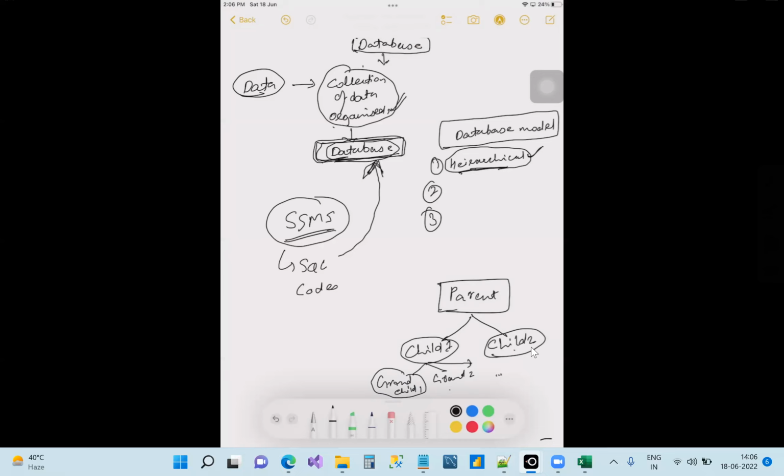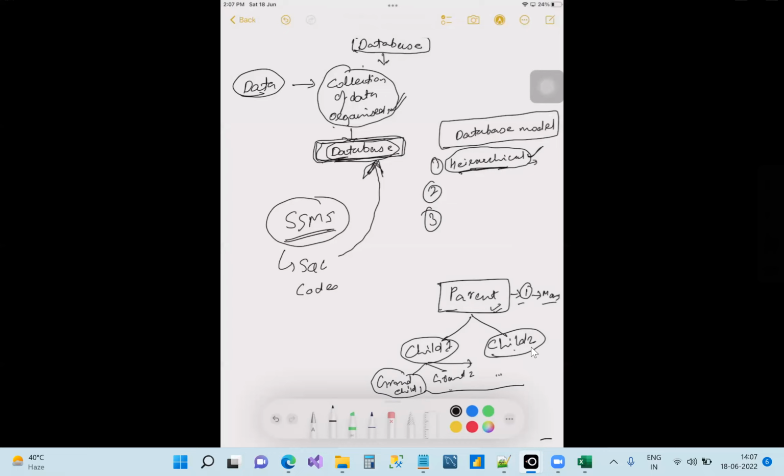Okay? All good till now? Over here, if you see, from one we are getting many, isn't it? Yes or no? So this is called a hierarchical database.